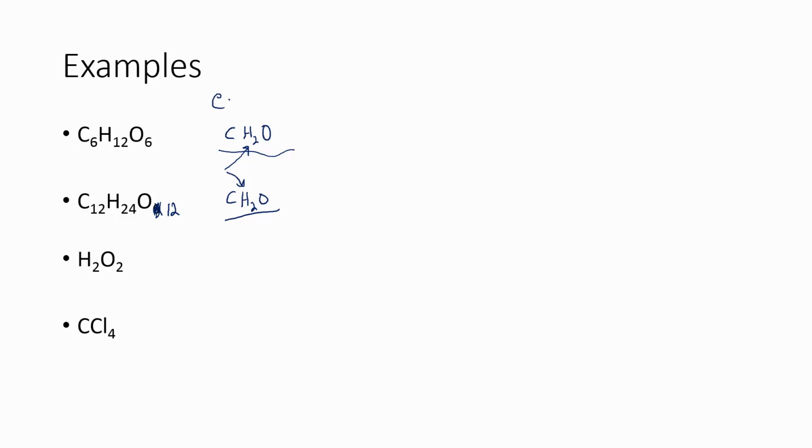Okay, but these are both empirical, while these are molecular. So we saw hydrogen peroxide before, molecular, empirical, and carbon tetrachloride. There is no simpler whole number ratio for this, so the empirical and the molecular formulas are the same.